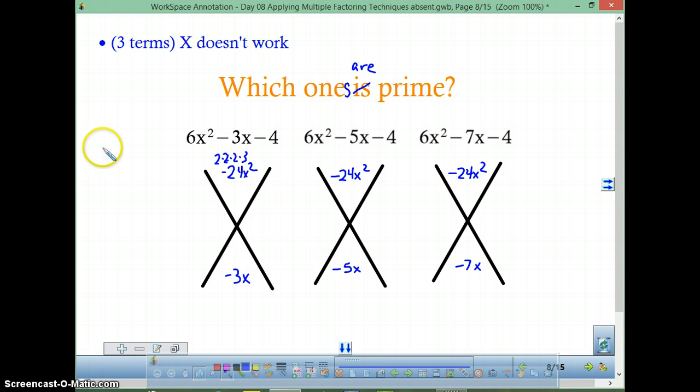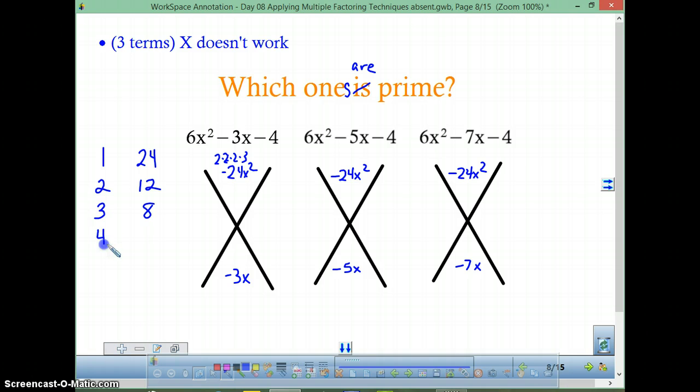So all the possibilities are 1 and 24. That would be all these factors together. I'm going to pull a 2 out now. 2 and 2 times 2 times 3 is 12 left over. I could have a 3 by itself. That would be 3 and 8. I could take two factors together at a time.